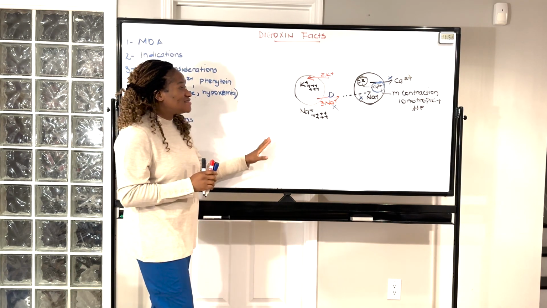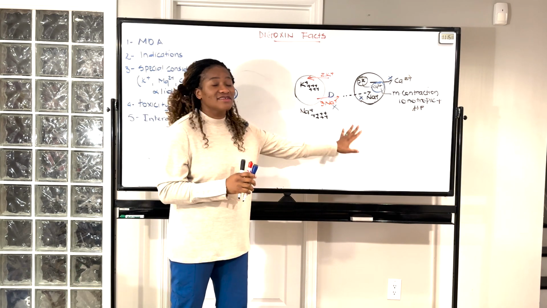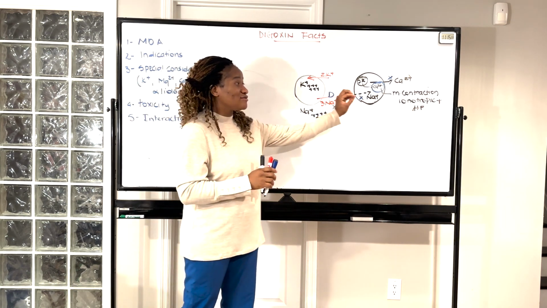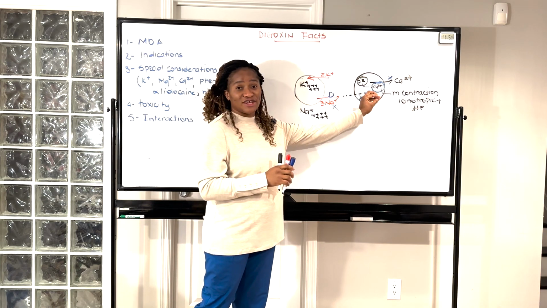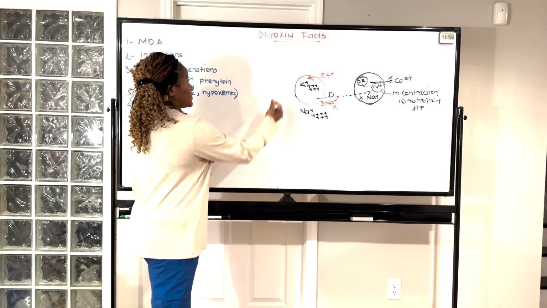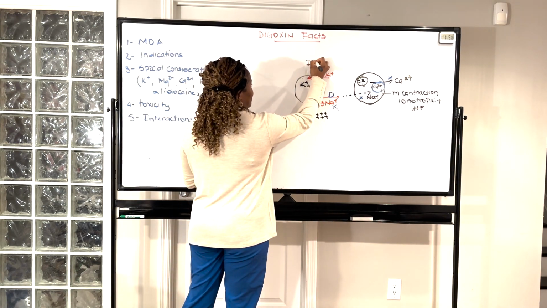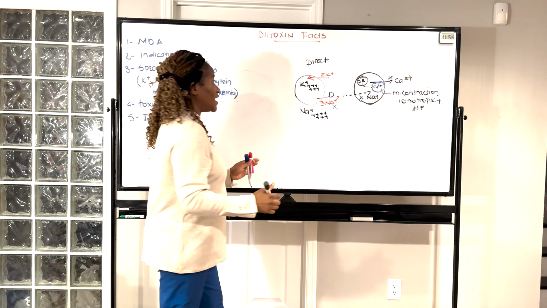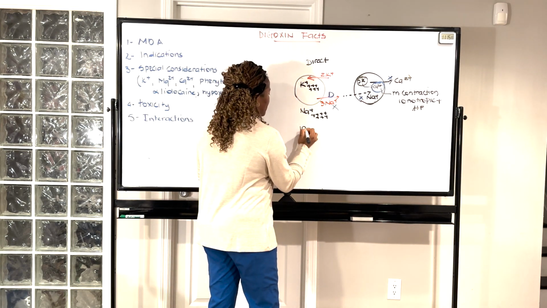Now, notice that this action has nothing to do with the heart rate. It's just that force of contraction through the accumulation of calcium inside the cell. And this is the direct mechanism of digoxin. Now let's look at the indirect mechanism of digoxin.